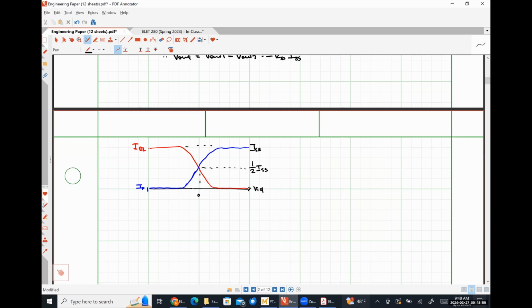If we were to look at our output voltages as a function of differential input voltage, we'd have a similar looking graph. So this corresponds to VID is 0. This right here is going to correspond to VDD minus 1/2 RD ISS. We look at V out 1.